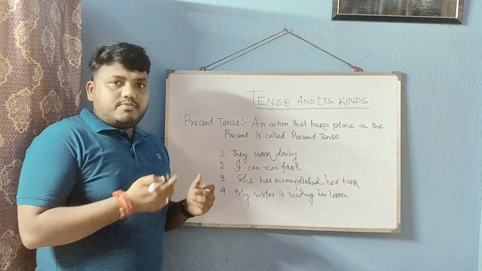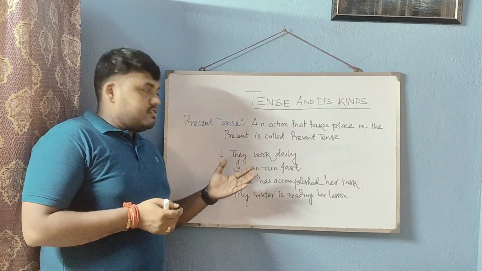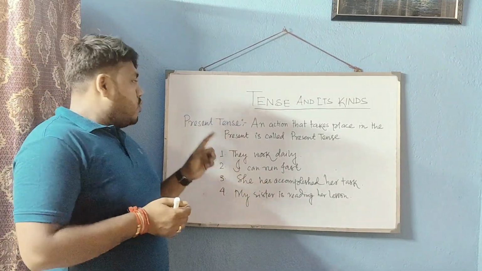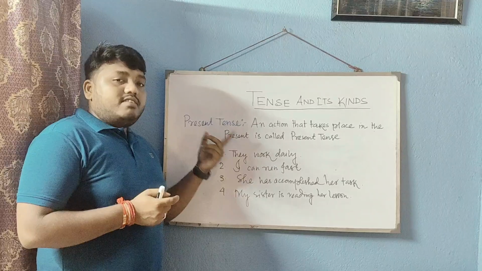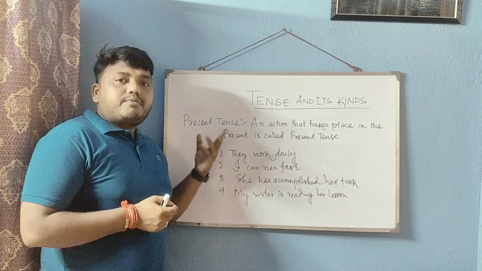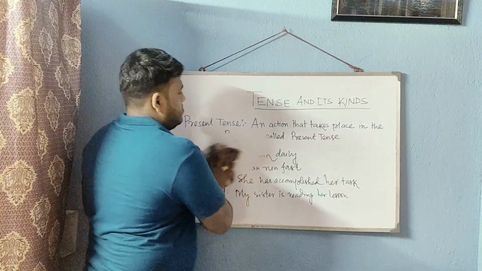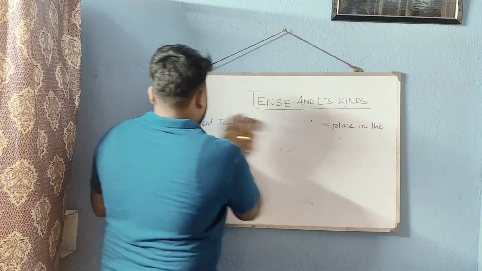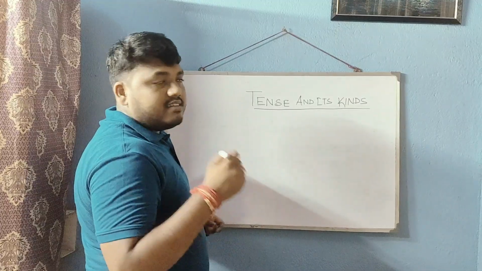As we have discussed before, each tense is subdivided into four kinds. So we will discuss one after another, like present simple, present continuous, present perfect, present perfect continuous. So we will begin with present simple tense.